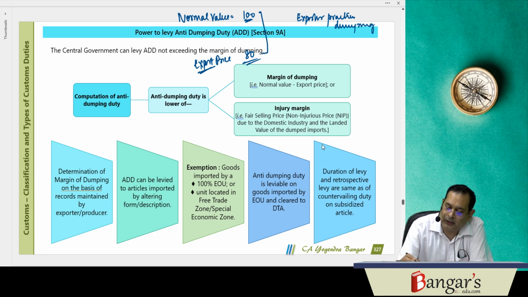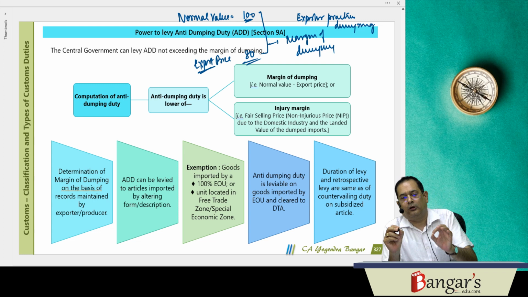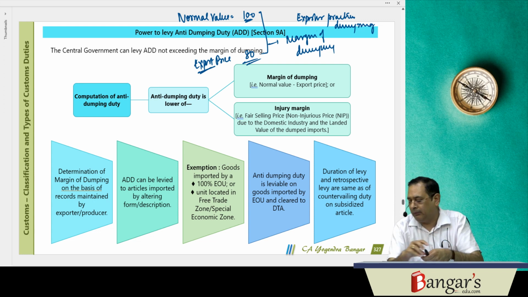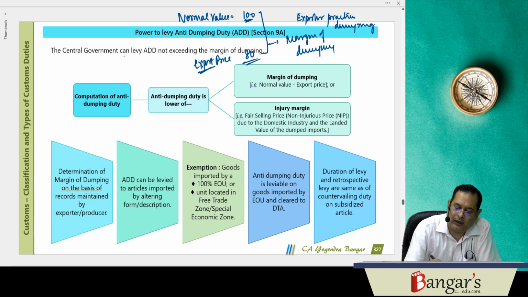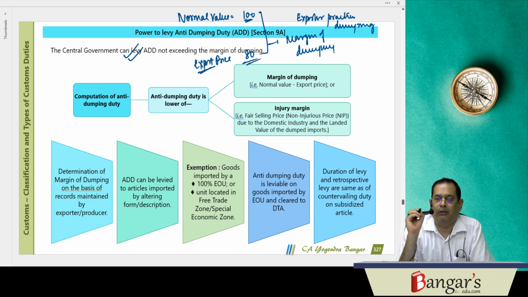Then they are dumping. This is the margin of dumping. They are dumping the goods in the Indian market so that the Indian industry gets damaged. Here, the central government levies anti-dumping duty not exceeding the margin of dumping.